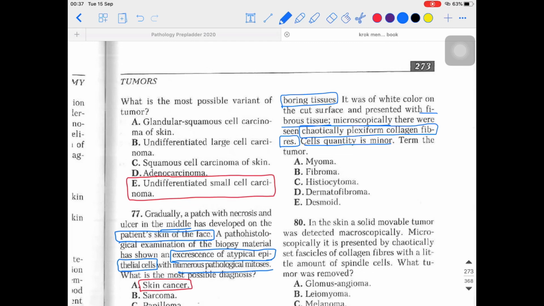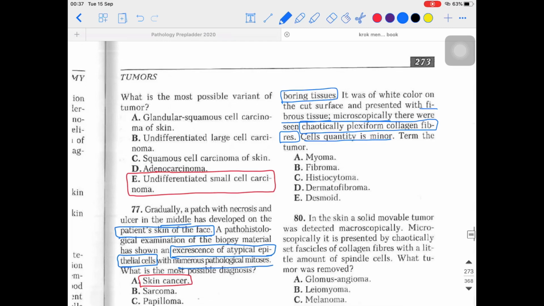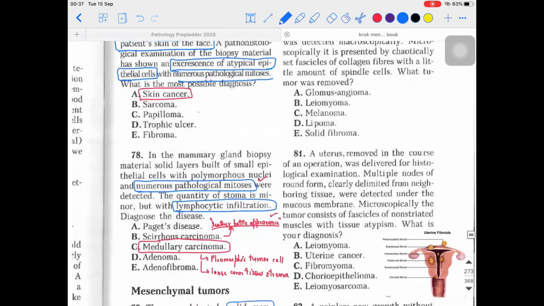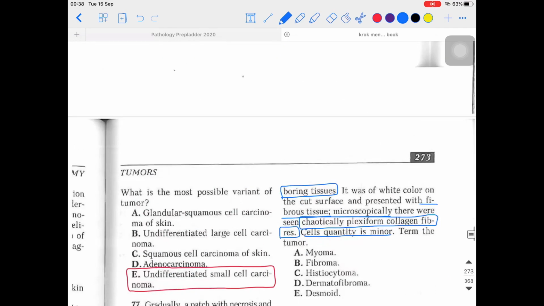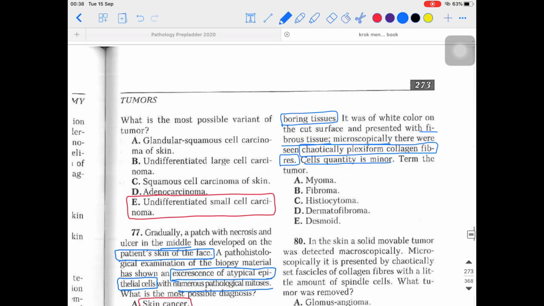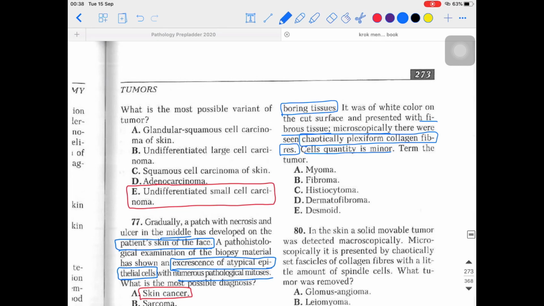In our question, they said that it was delimited from neighboring tissues, isn't it? They clearly wrote that it is a solid movable tumor clearly delimited from the neighboring tissues, white color on the cut surface, that's okay. Fibrous tissue, fibroma, isn't it? Microscopically, chaotically plexiform collagen fibers. Cell quantity is minor.